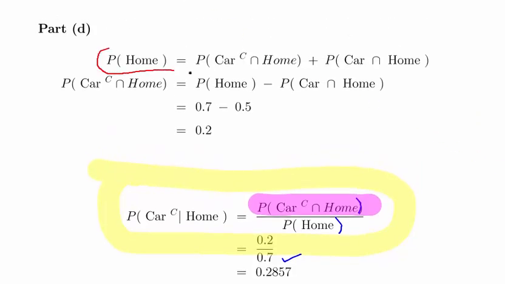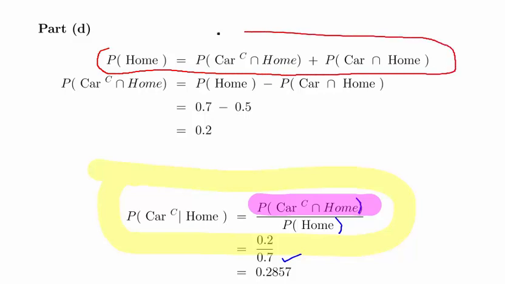The probability of home insurance can be decomposed into two events. We can divide the homeowners into two categories: those who do not have car insurance, this group here, and those that do have car insurance, that group there. It's like separating our homeowners into two groups and figuring out the probability of being in each.